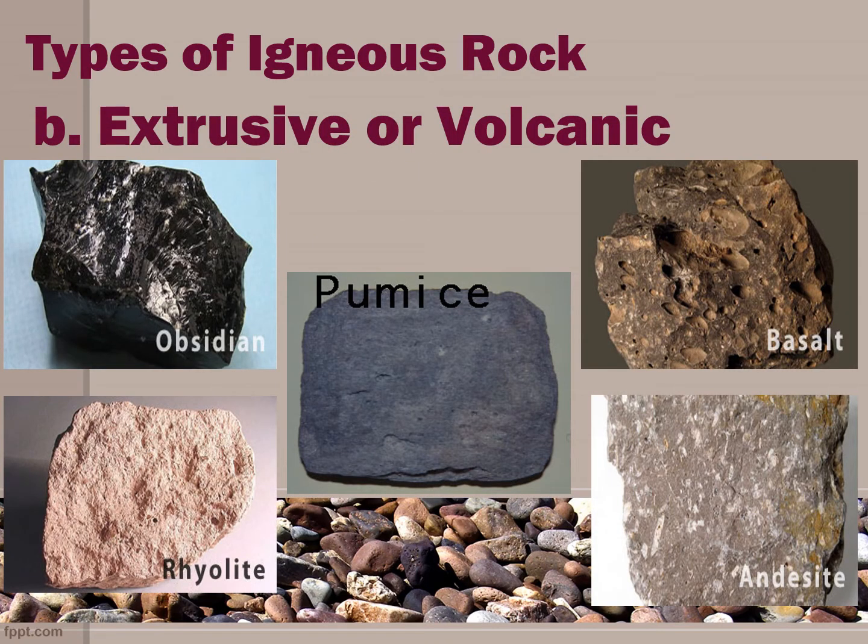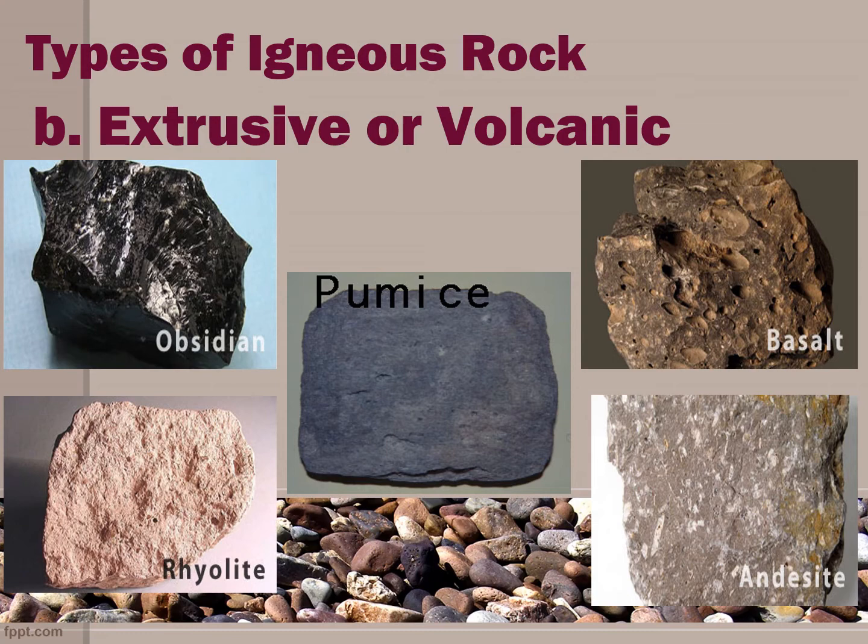So some types of your extrusive igneous rocks are obsidian, pumice, basalt, rhyolite, and andesite. If you look at the obsidian, the first picture on the left, ito po ay very glassy and you cannot determine different minerals na bumubuo sa kanya.